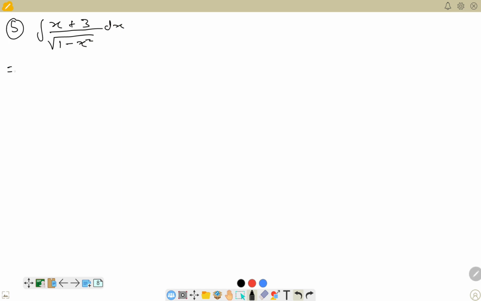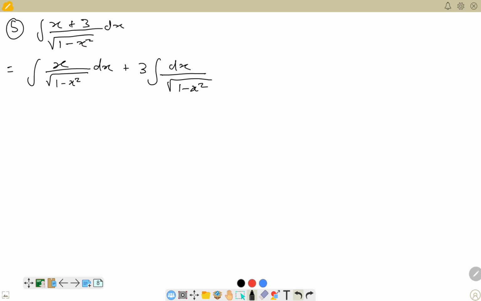So this one now, we can split it into two again, like we did in the previous one. The only difference is that now we don't need to complete the square. The denominator does not need completion of the square. So we'll have the integral of x over the square root of 1 minus x squared dx plus 3, and 3 we can take it outside the integral, over the square root of 1 minus x squared.